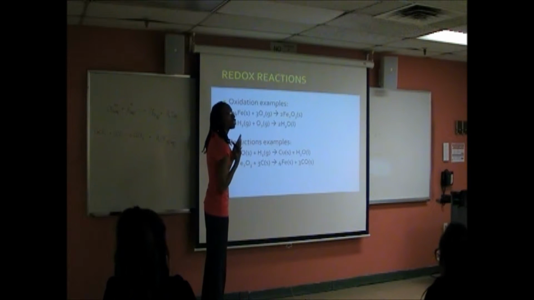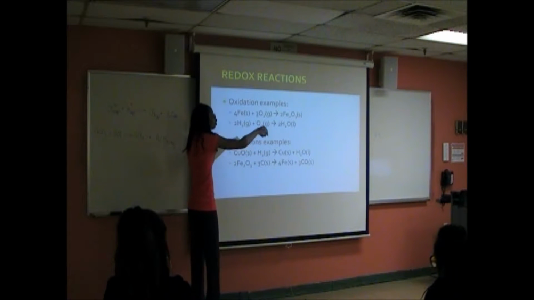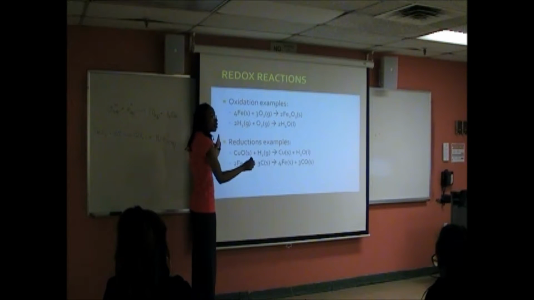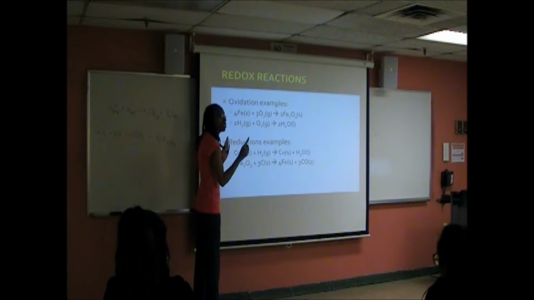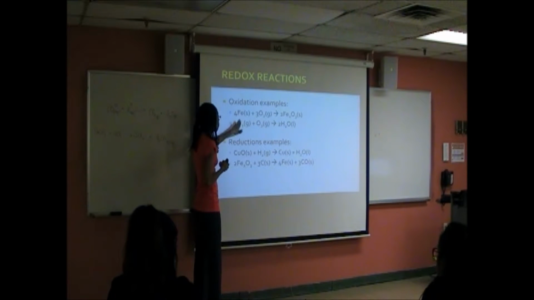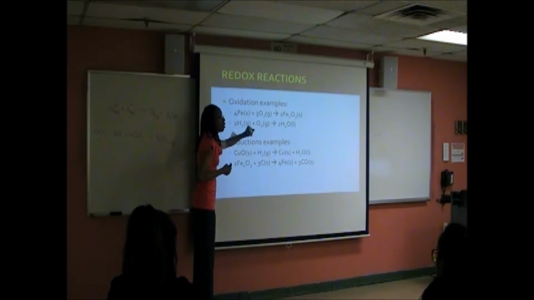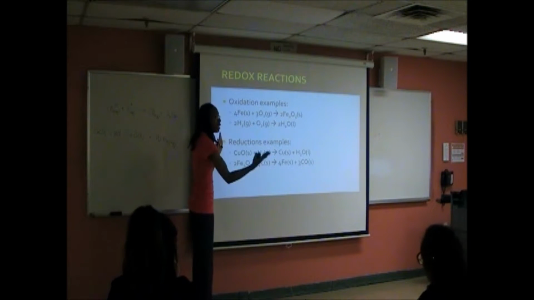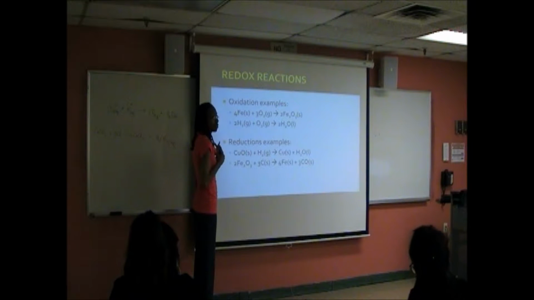It combines with oxygen. It's gaining oxygen to make your iron 3 oxide. So therefore, this is an example of oxidation. One of the examples of oxidation is to gain an oxygen, right? Hydrogen gas, oxygen gas. You have water. You have just gained an oxygen.